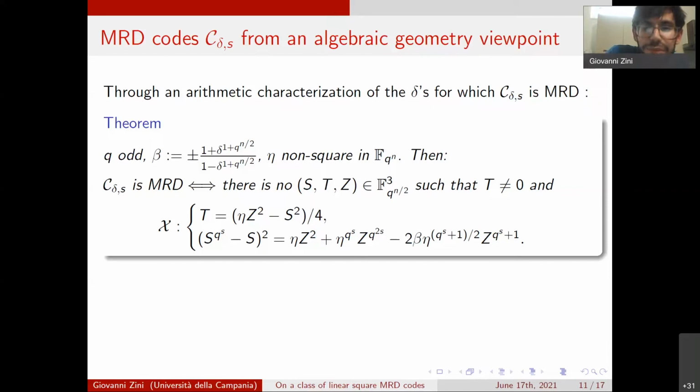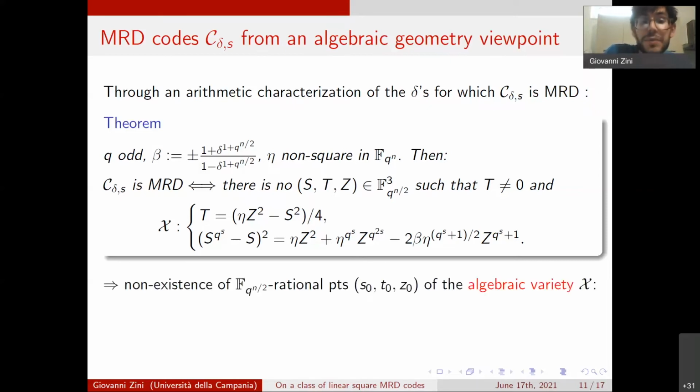Well, I put a bracket before and the letter X, because we can look at these equations as affine equations defining an algebraic variety, defined over F_{q^{n/2}}.